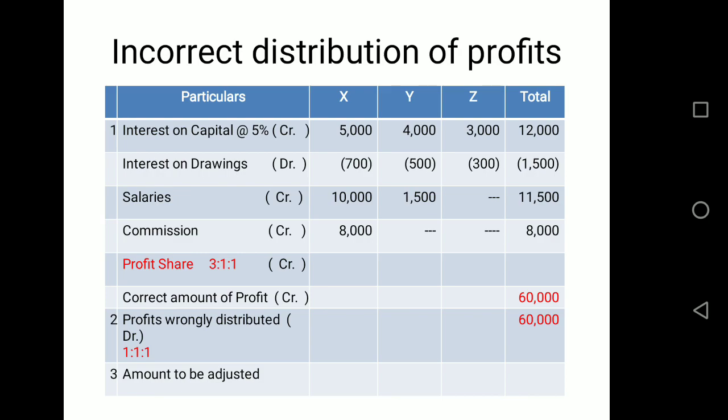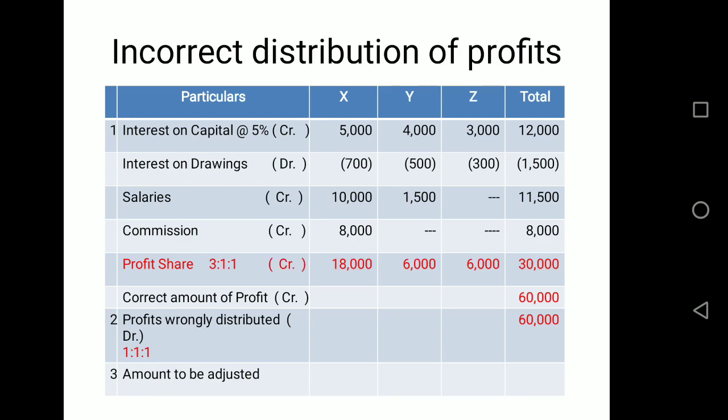And here this must be the amount of your divisible profit. So the total amount of profit we'll write after this. Correct amount of profit, 60,000 total profit we have taken, and from the total profit we have to subtract the amount of provisions.